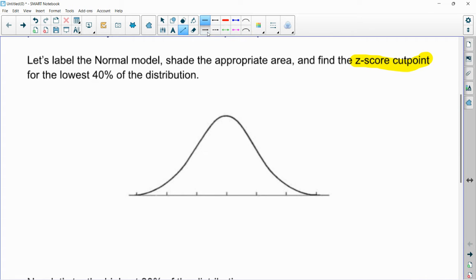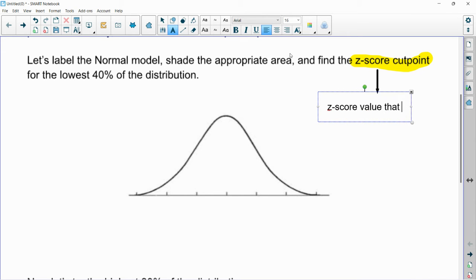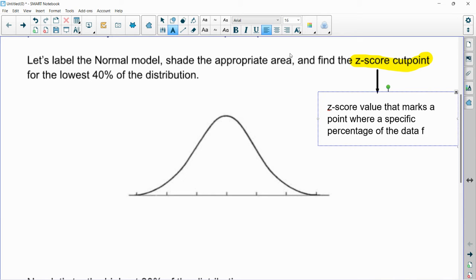A z-score cut point, you may want to add this to your notes, is a z-score value that marks a point where a specific percentage of your data falls below or above that value.